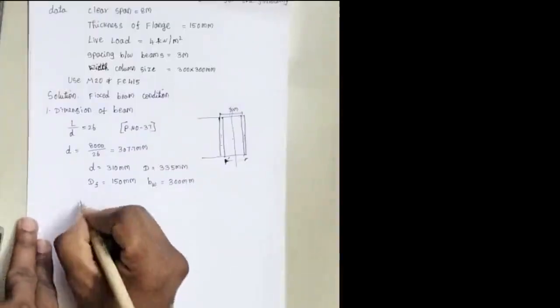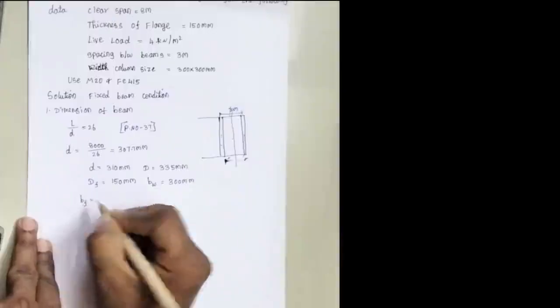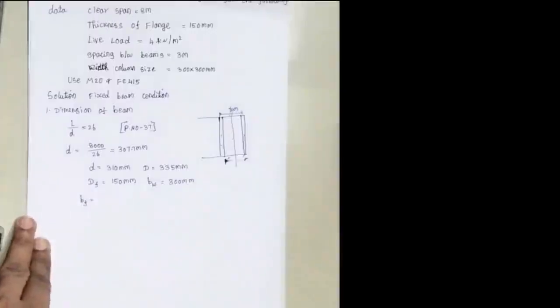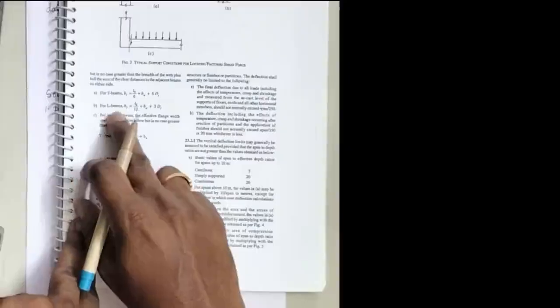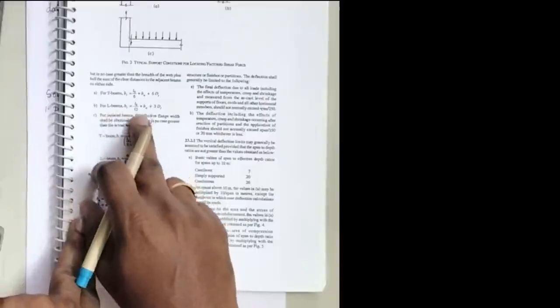Next we need to find out the BF, that is effective width of flange. In order to calculate effective width of flange, we need to use the formula which was given in page number 37 of IS 456. So here if you see, for L beam, BF equal to L0 by 12 plus BW plus 3DF.